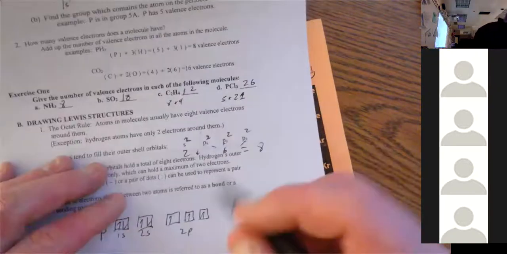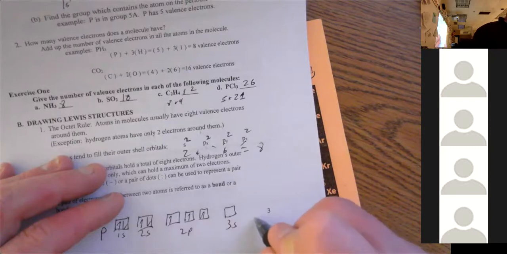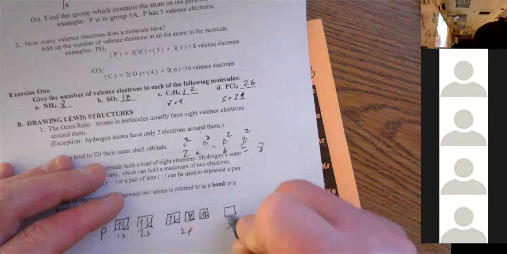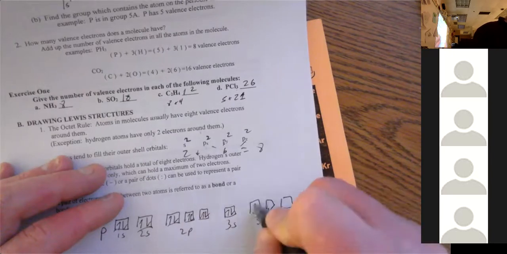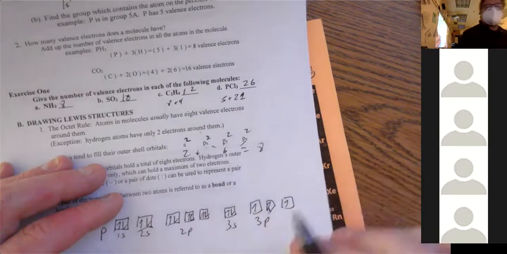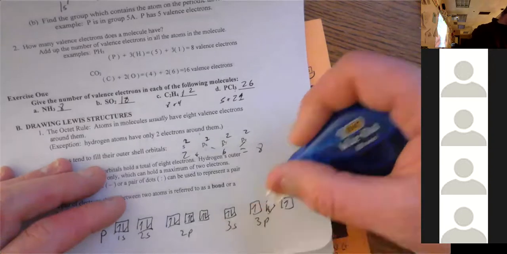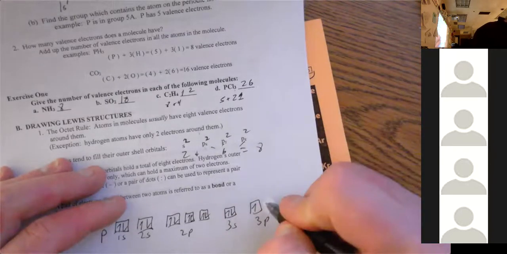Let's do this. Then we have 3s. Then we have 3p: 13, 14, 15. I'm going to redraw this one because I don't like the way it looks. So this is that box diagram of our P.